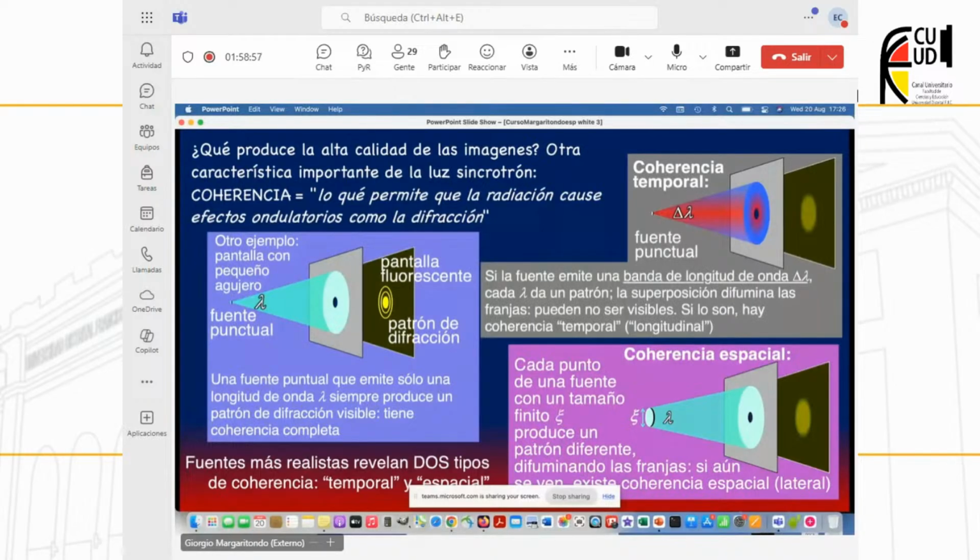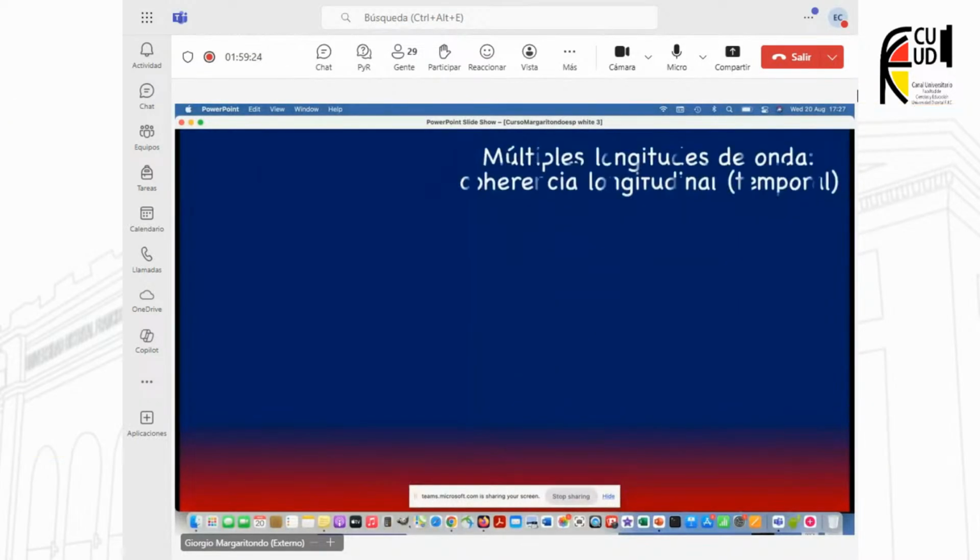And if the source is too extended, you don't see fringes anymore. But if you still see fringes, in spite of the fact that the source is no longer a point, then you have what is called space coherence. So this gives you the two kinds of coherence, and both of them are very important for the X-rays emitted by a synchrotron source.